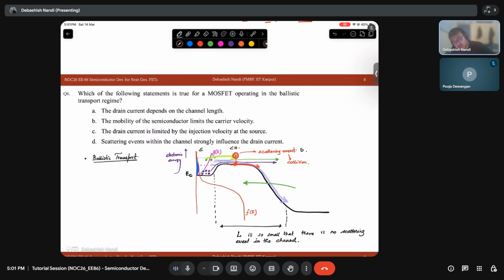So the electron moves like this, with random thermal velocity. Without any electric field, it moves in any random direction, with a random thermal velocity VTH.